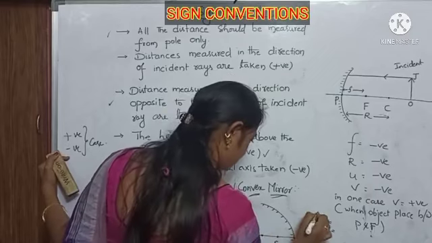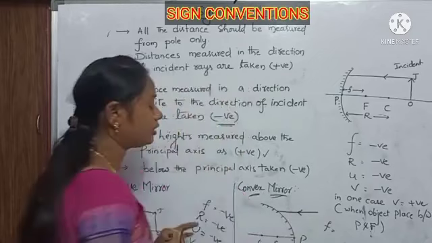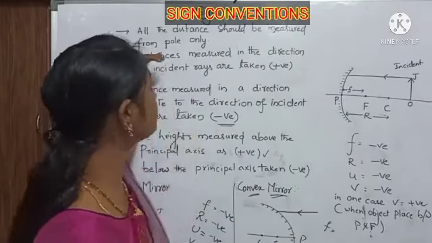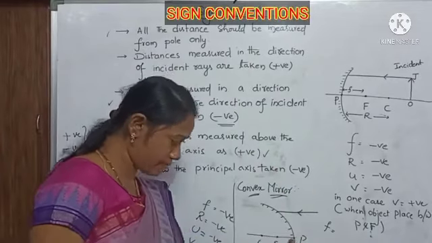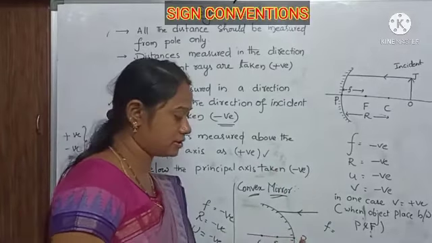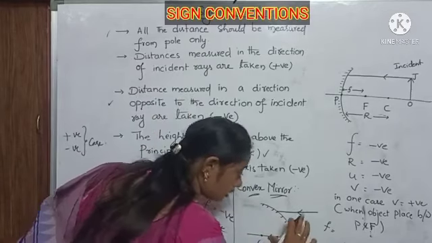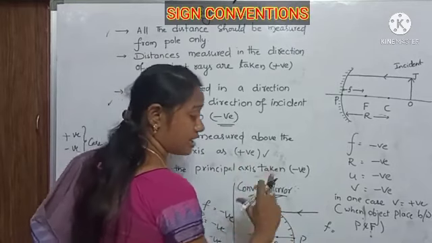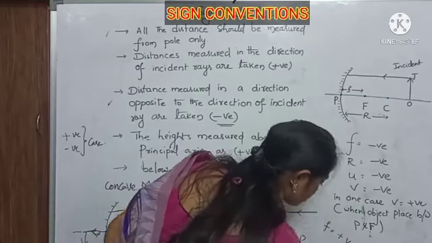If this is the incident ray, all distances should be measured from the pole only. From the pole I am measuring the distance in this way, which is the same direction as the incident ray. So F is positive.